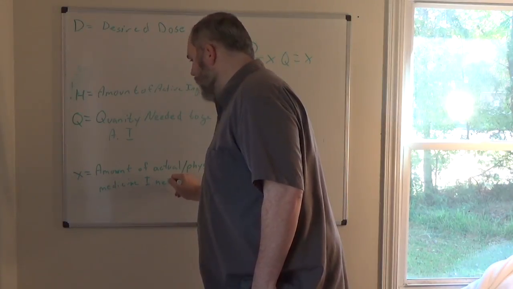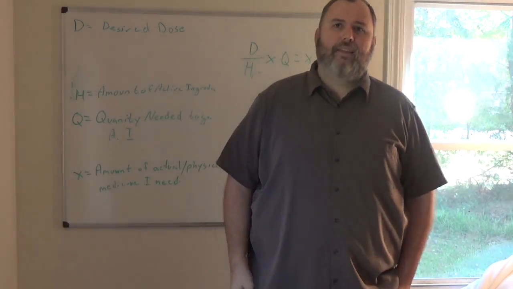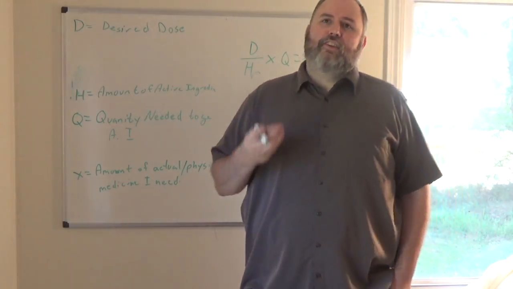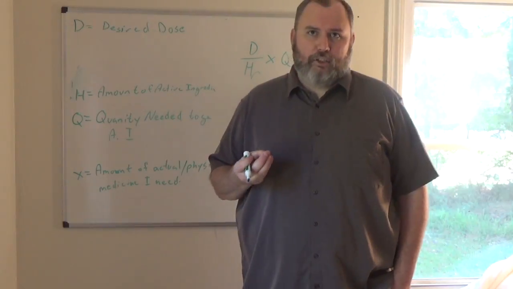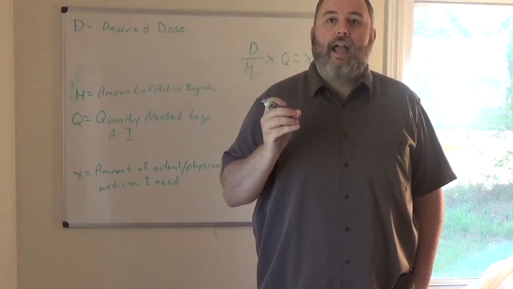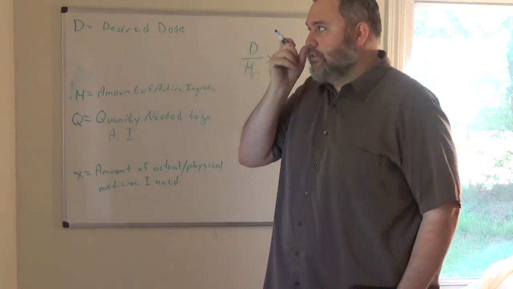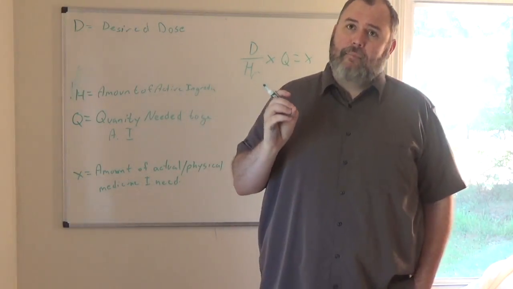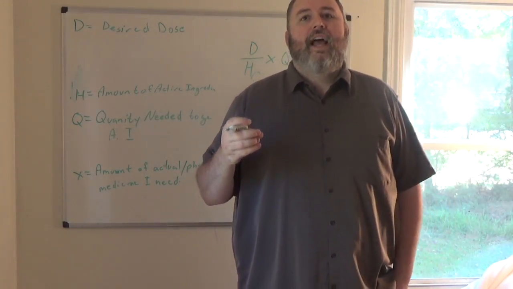Now, your formula sheet goes into some other ways of saying this, but I'm going to break it down just a little bit to explain it. D, that's the desired dose. That's how much medicine the doctor is telling you to give the patient. And that can be based on several key factors, and we'll talk about those in just a second. So that's how much you're supposed to give the patient.